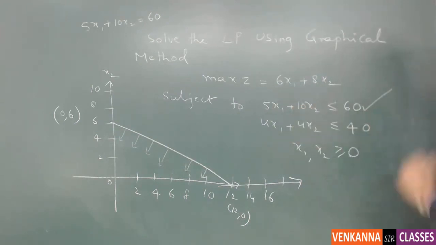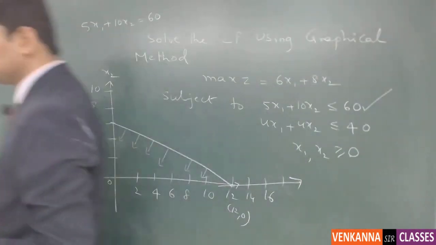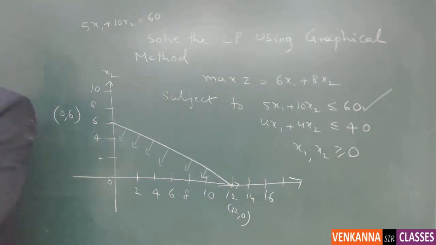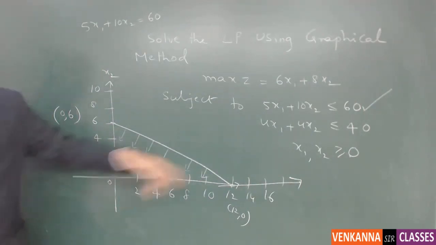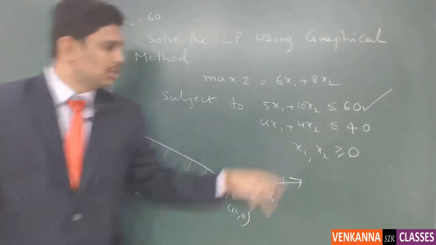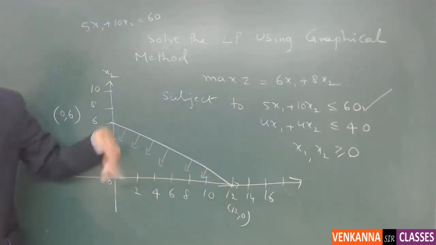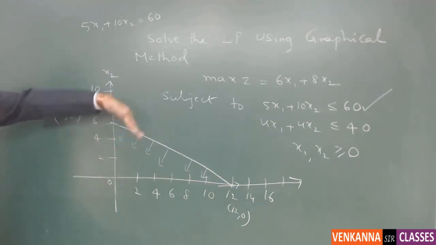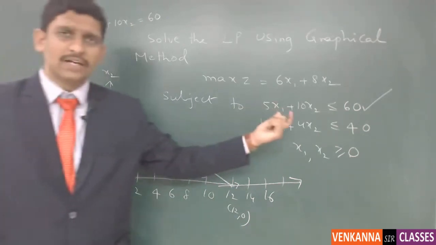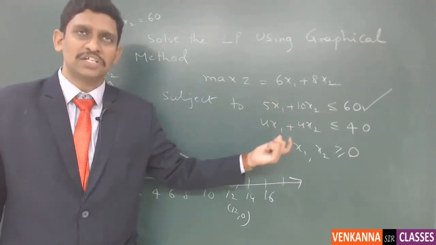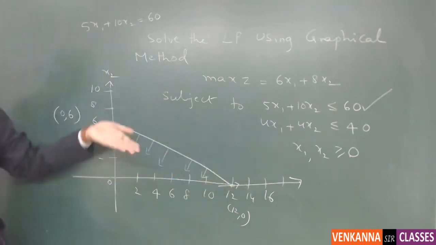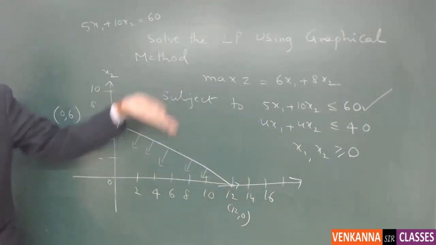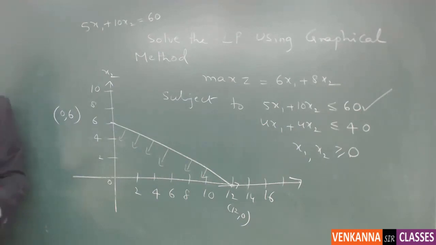Say yes or no. In other words, whenever less than or equal to is there, you draw the straight line and shade the portion towards the origin. And whenever greater than or equal to is there, you draw the straight line and shade the region away from the origin.